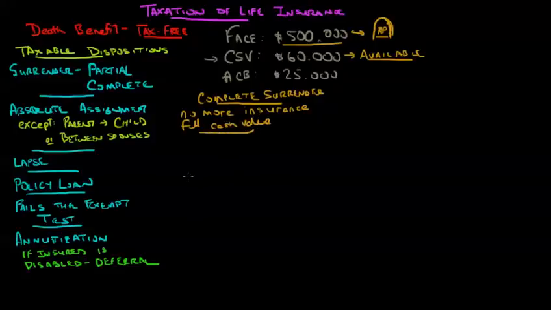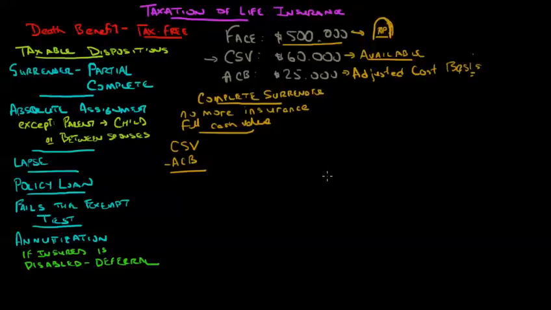Now, this is pretty straightforward actually. All we're going to do here with a complete surrender, we say, okay, you're going to have the $60,000, and we'll take that amount, that cash surrender value, minus the ACB. ACB is adjusted cost basis, and it's very similar to adjusted cost base, which we looked at back in capital gains, just that it's applicable to insurance. We have that little I in there to remind us it's for insurance, unlike capital gains, which have an adjusted cost base.